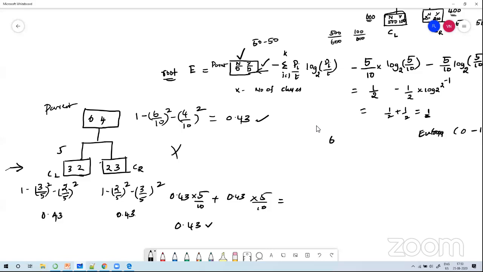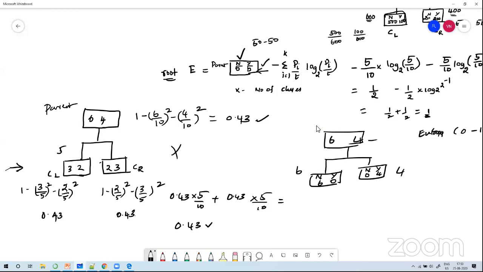Now, instead of that, if we split something like this, where we got 6 observations here and 4 observations here, all 6 belong to the no class and 0 belong to the S class, and all 0 belong to the no class and 4 belong to the S class.